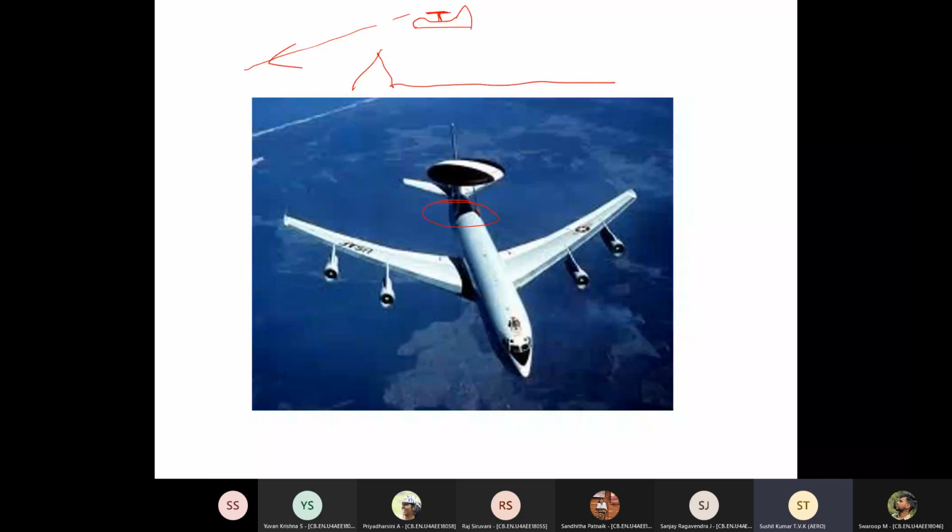As an aero engineer, would you like the pylon to be fitted like this over the fuselage? No, sir. Sorry? No, because it's going to create a hell of a lot of drag. Not only drag, just look at the stability also.